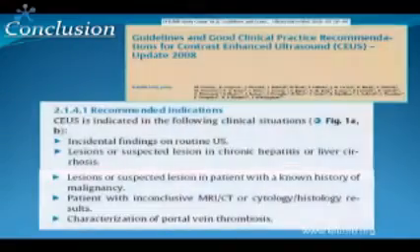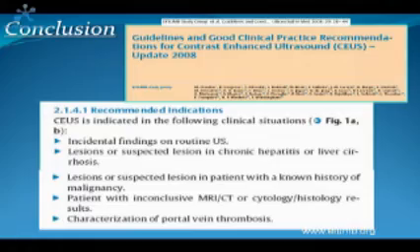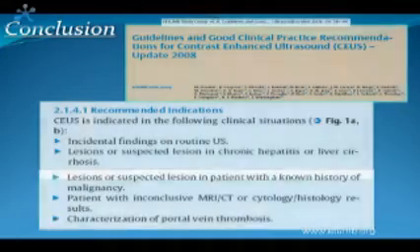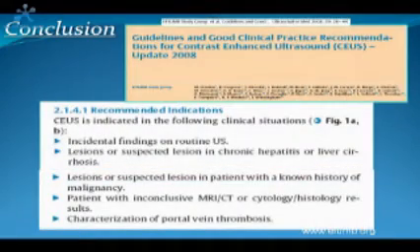So, in conclusion, I will first show you the guidelines, the most recent update of the European guidelines, where CEUS is recommended in the case of incidental findings on conventional ultrasound, in the case of a possible lesion in a patient with chronic liver disease, or in a patient with staging or follow-up for extrahepatic cancer.